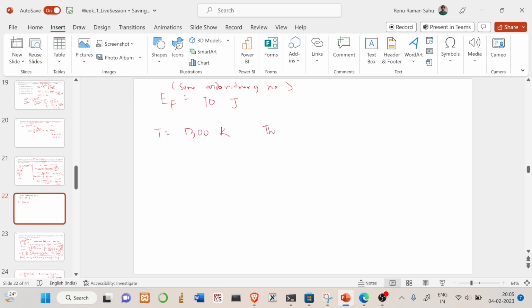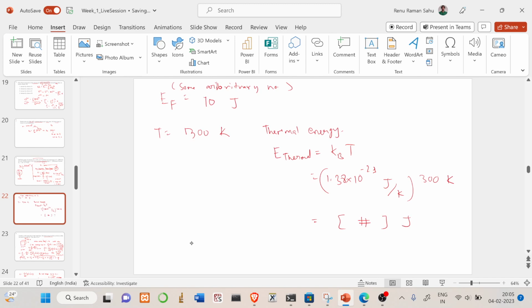So thermal energy is kBT. E thermal is equal to kBT. kB is 1.38 times 10 to the power minus 23 joule per Kelvin, and T is 300 K. So you will get a number in joules.